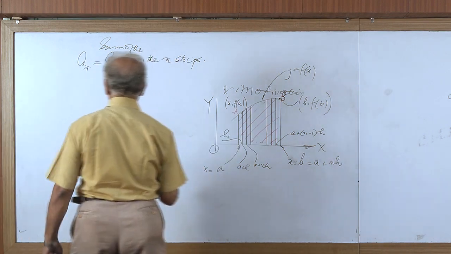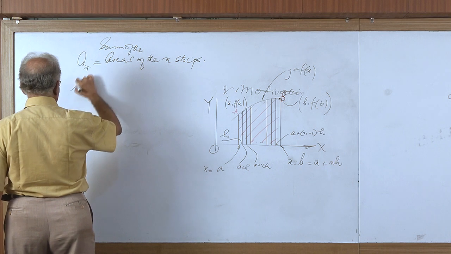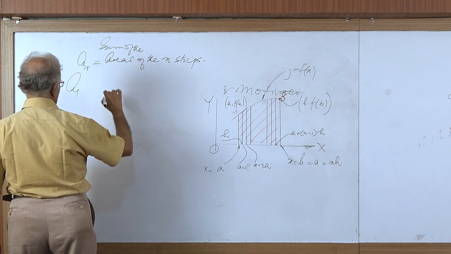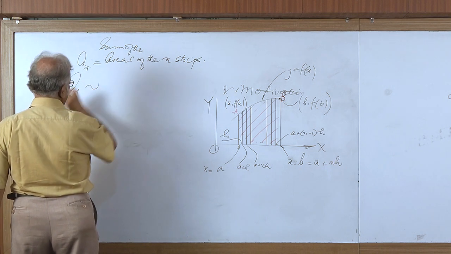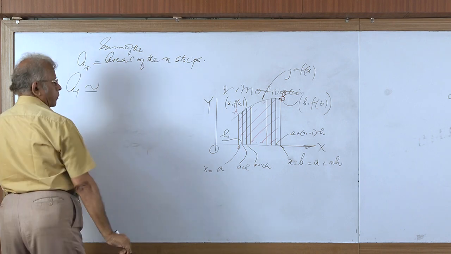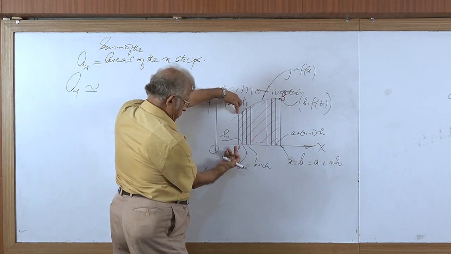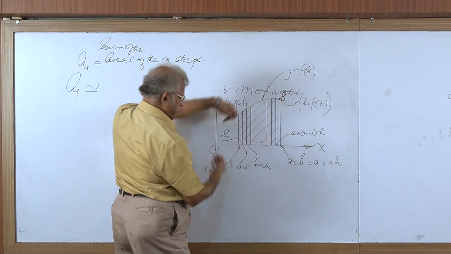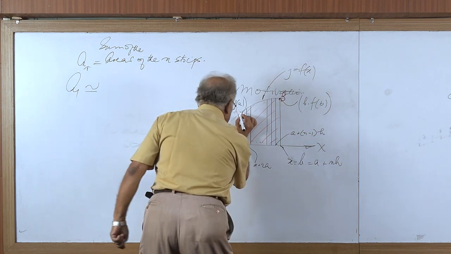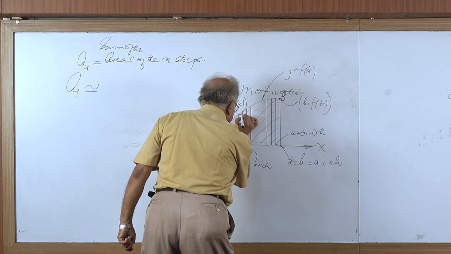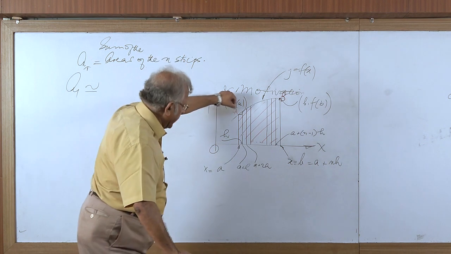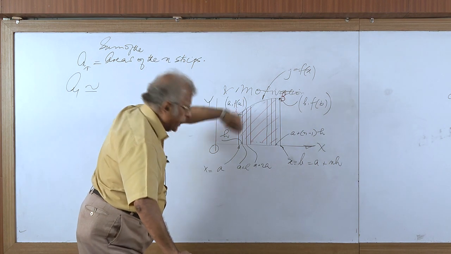We take strip 1 and call it A1. That will be approximately equal to this ordinate into this width. That means we consider it to be of a rectangular shape, omitting the small triangular area.